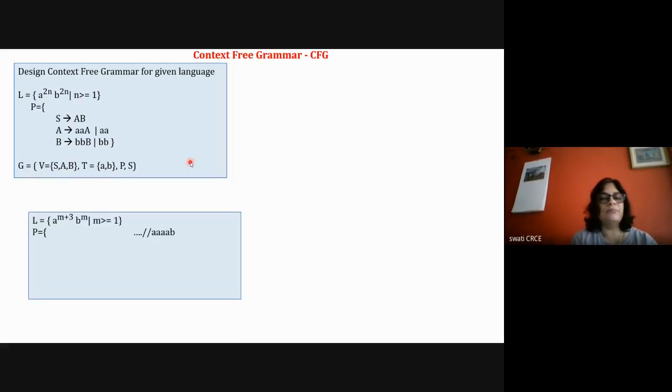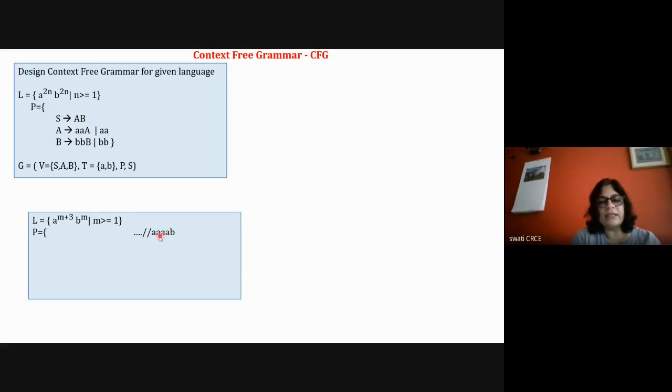Now another one. Here we are saying a raised to m plus 3, b raised to m. So here the same variable m is used. So there is a relation between these two sides, a and b. So how to represent it? It will be m plus 3. So if my m is equal to 1, then this will be my string, triple A, AB.